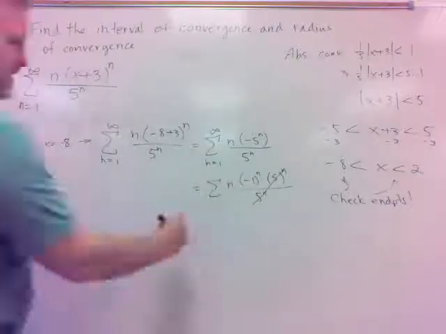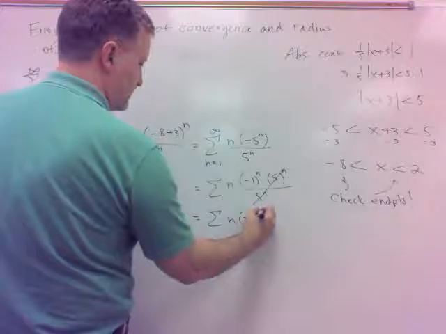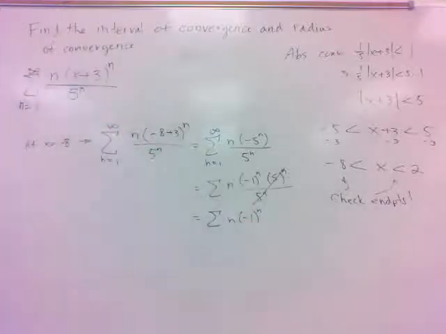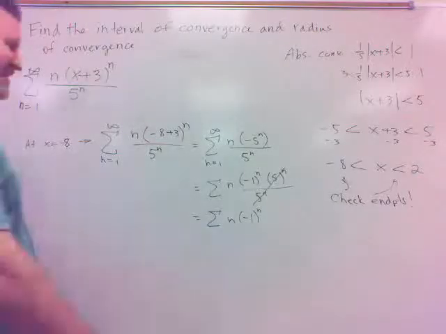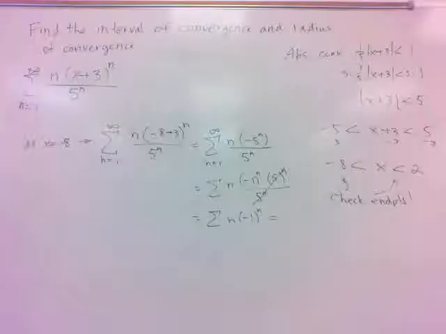And so I'll end up with just n times (negative 1) to the n, which we haven't encountered before. Let's look at that.